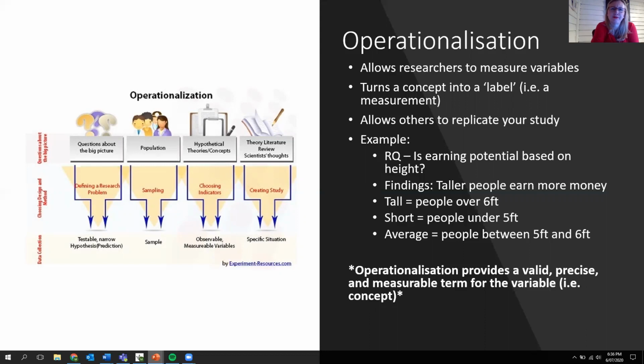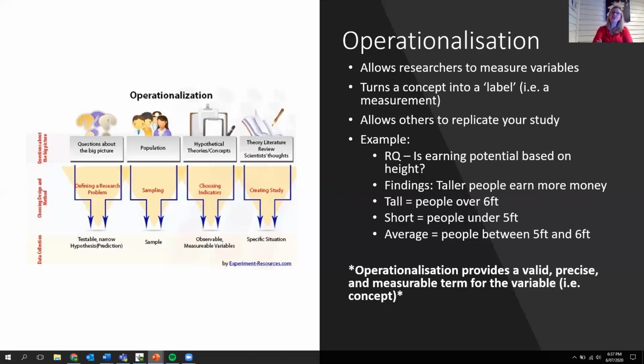Let's look at this one. All right? If our research question goes like this, is earning potential based on height? What is the variable I'm trying to measure? Well, I mean, technically both. I'm trying to measure a person's height and I'm trying to measure their earning potential. But which one is the variable of interest?